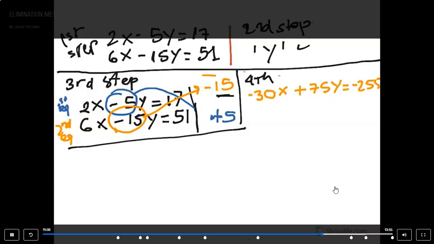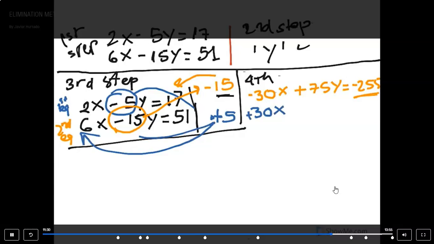Okay, I was saying that negative 15 by positive 17 was going to give me negative 255. Then I'm going to multiply now positive 5 by positive 6. That's going to be equal to 30x positive, okay?